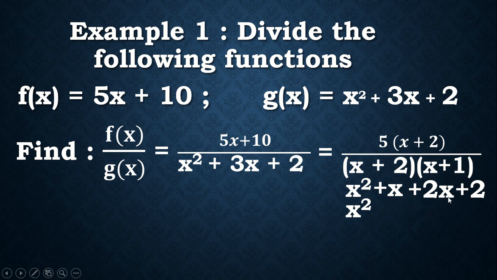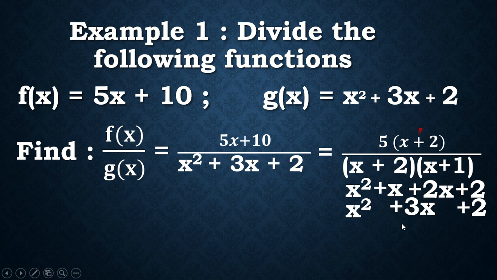Then we add them. Understand that there is a 1 beside x. 1 plus 2, that is 3x. Our middle term is combined, and then we bring down 2. So we come up with the same g of x. That's why our factors are correct.